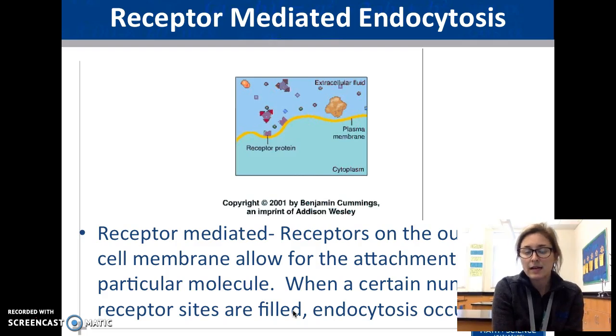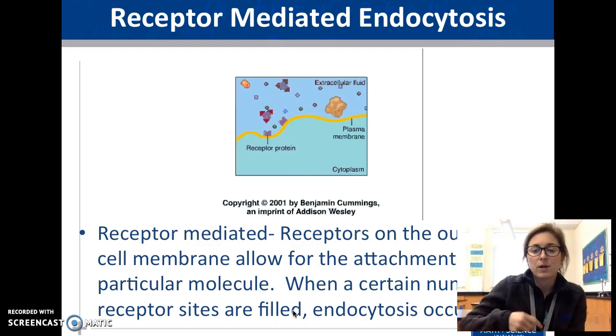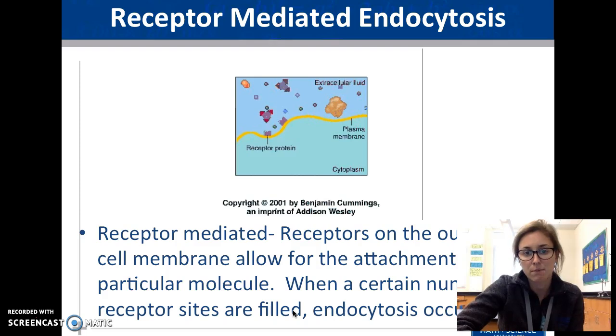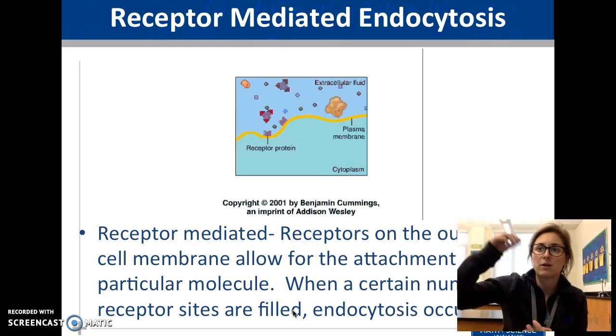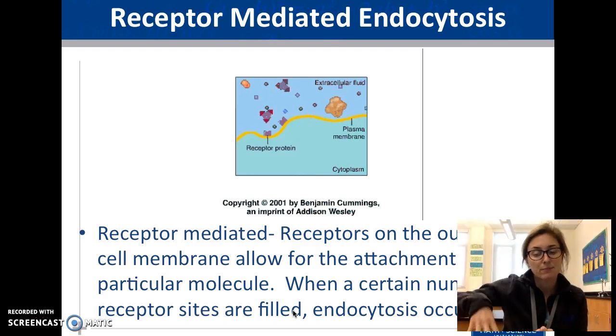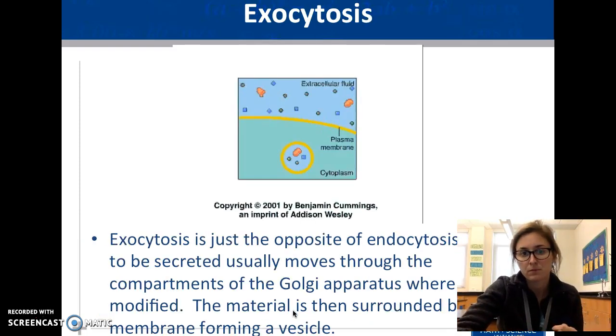Basically, receptors on the outside of the cell membrane allow for the attachment of a particular molecule. And then when a certain number of those receptor sites are filled, endocytosis, or the engulfing of it, occurs. So receptor-mediated means it needs a certain amount of receptors to be set off before it engulfs what it needs to engulf.